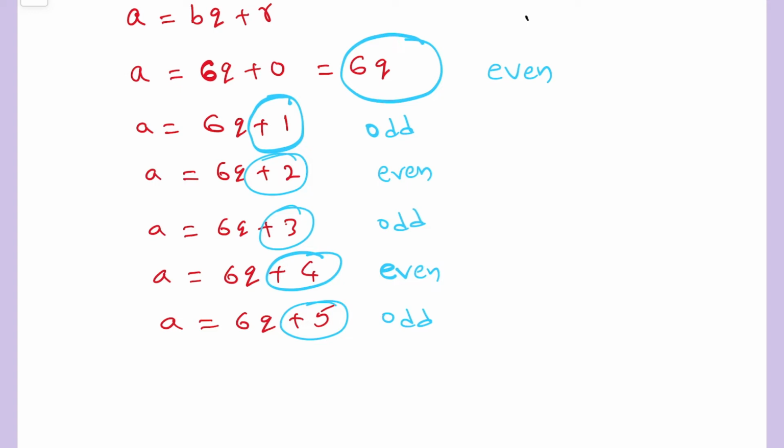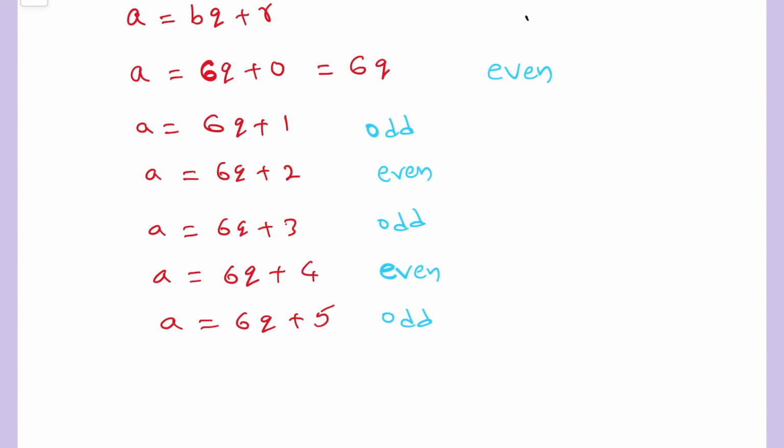So now if we observe this, wherever we got the odd numbers, let us concentrate only on that part now. This is odd, 6q plus 1; this is odd, 6q plus 3; this is odd, 6q plus 5.